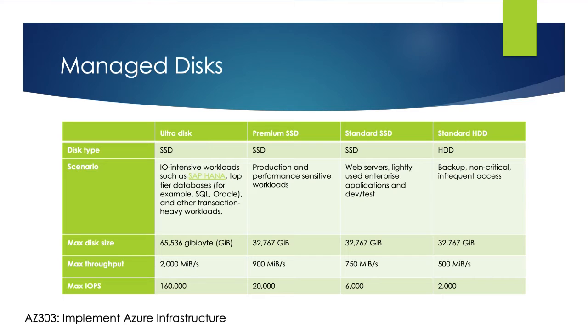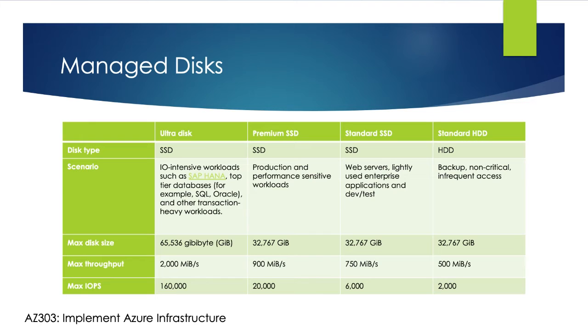The available types of disks are ultra disks, premium solid state disks or SSD, standard SSD, and standard hard drives or HDD. This table provides a comparison of the different types of disks you can have. But in brief, ultra disks tend to be for the biggest and the fastest workloads that you can have. Premium disks are again for very fast applications and provide disks up to 32 gigabytes.